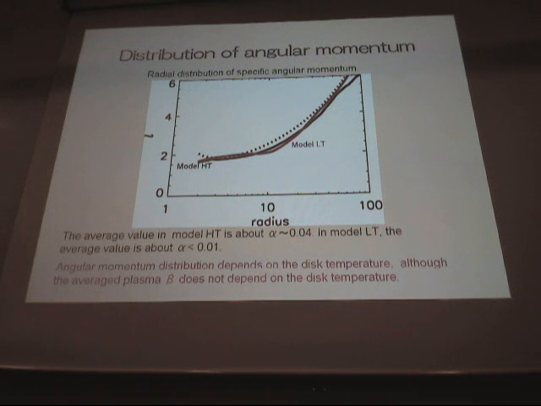And this is the radial distribution of specific angular momentum. The red curve shows the low temperature model, and the black curve shows the high temperature model. The dotted curve shows the Keplerian distribution using the pseudo-Newtonian potential. In the high temperature case, the angular momentum is sub-Keplerian from the inner region to the outer region.